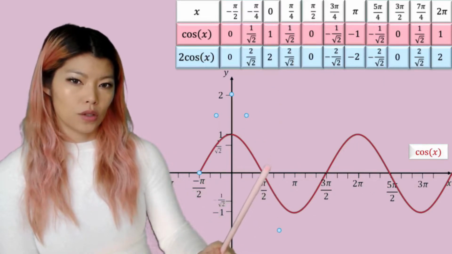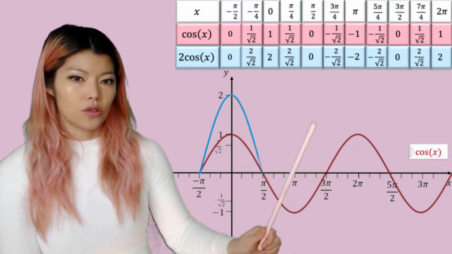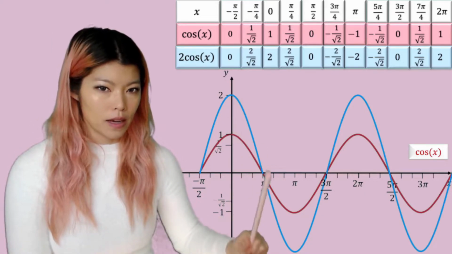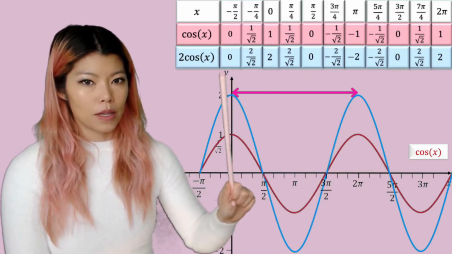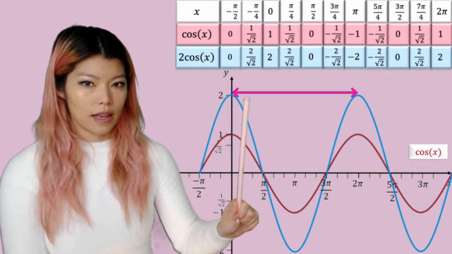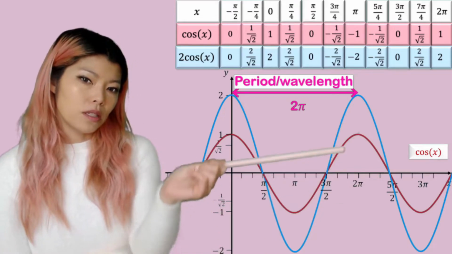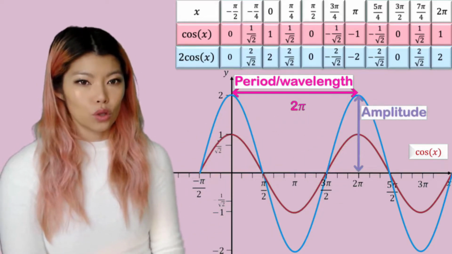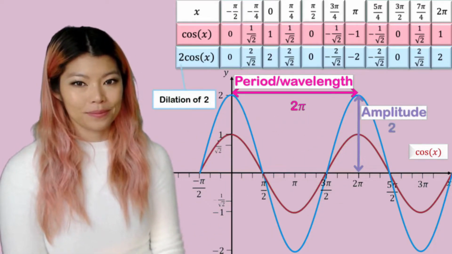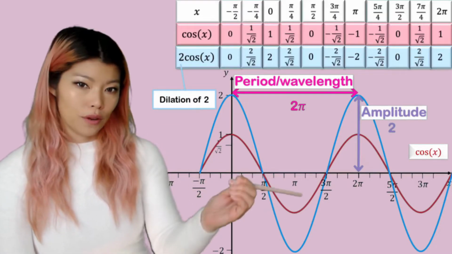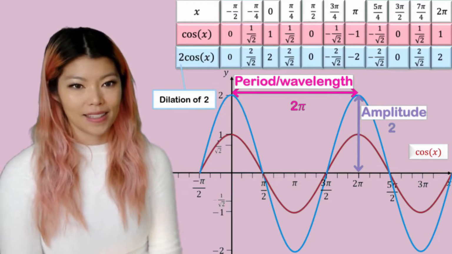At x equals pi on 2, we're at 0, etc. So cos starts up here and ends up there, but 2 cos x has the same period of 2 pi, but the amplitude is now 2. So we describe this as a dilation of 2 from the x-axis.